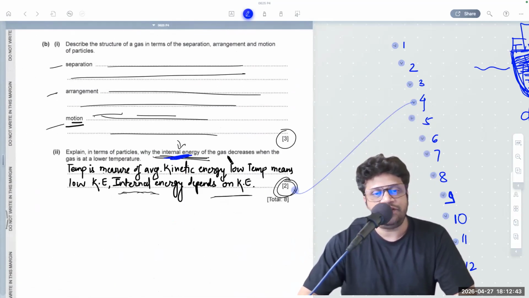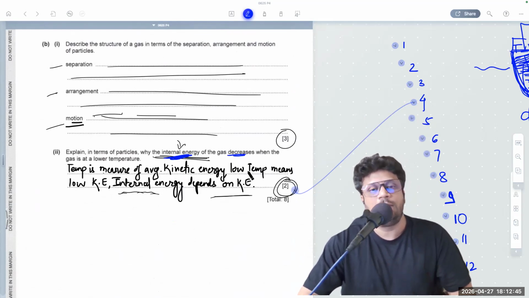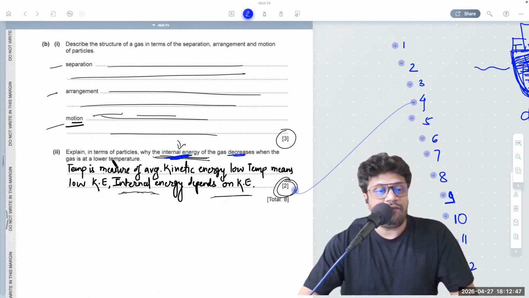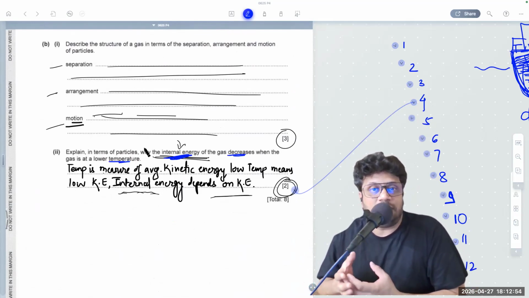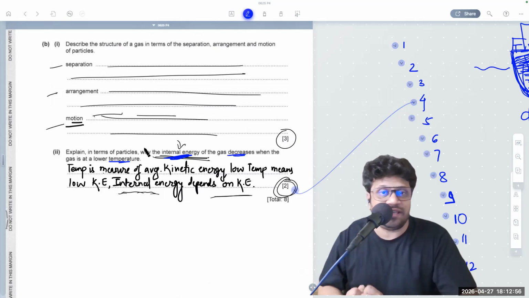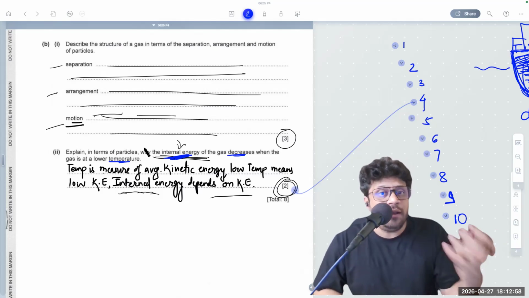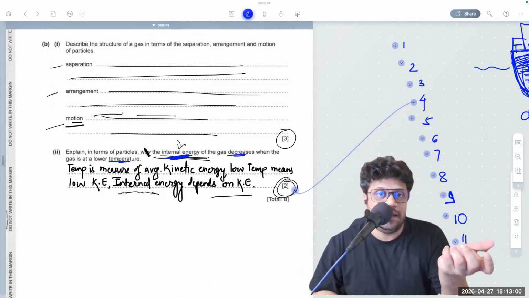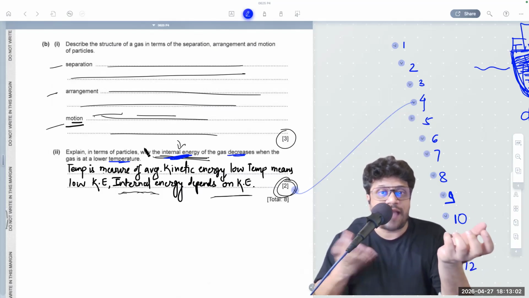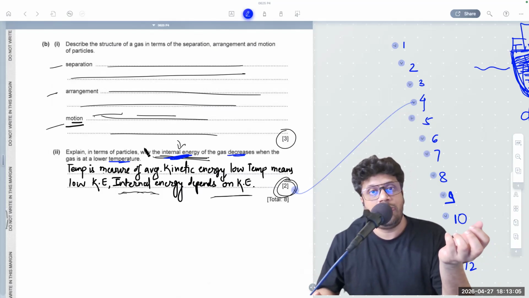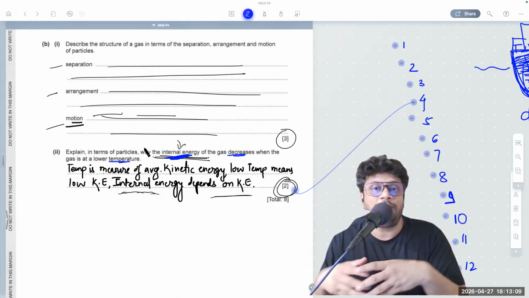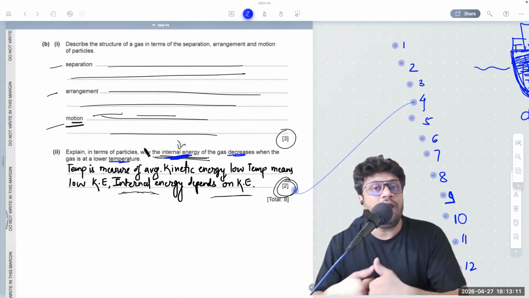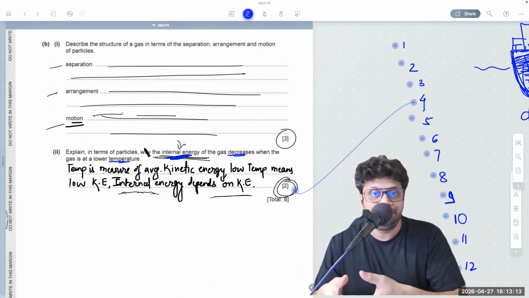Why internal energy of the gas decreases? So, of course, if you have got lower temperature, you should know that temperature is nothing but the measure of average kinetic energy. If you are looking at lower temperatures, it actually means that the kinetic energy has dropped. Now, internal energy of a gas is made out of several components, one of which is kinetic energy.